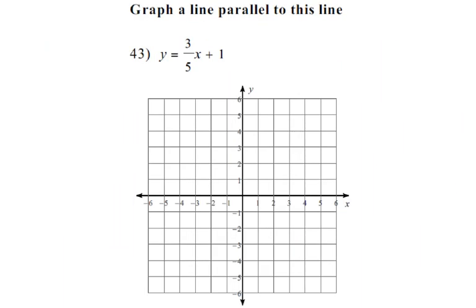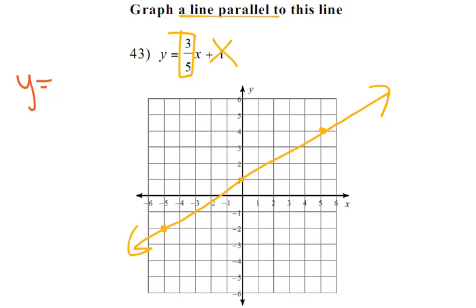So now, when you have to apply that to your graph, okay, so look at 43. We want a line parallel to it. So I need the same slope, different y-intercept. So if I graphed this line, it would look like this. So I need a line that's growing at the same rate, but starts at a different point. Okay, that's essentially what a parallel line is doing. So I could go y equals 3/5 x minus 1.